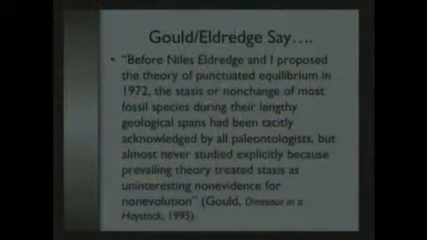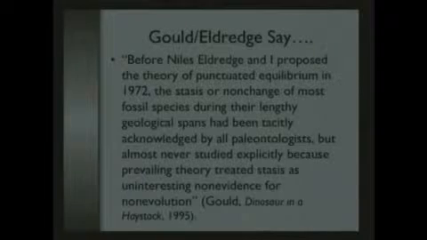Man, we've got this amazingly rich vein to mine from. From 1995, Gould writes, before Niles Eldredge and I proposed the theory of punctuated equilibrium in 1972, the stasis, or non-change, of most fossil species during their lengthy geological spans had been tacitly acknowledged by all paleontologists. Not some.